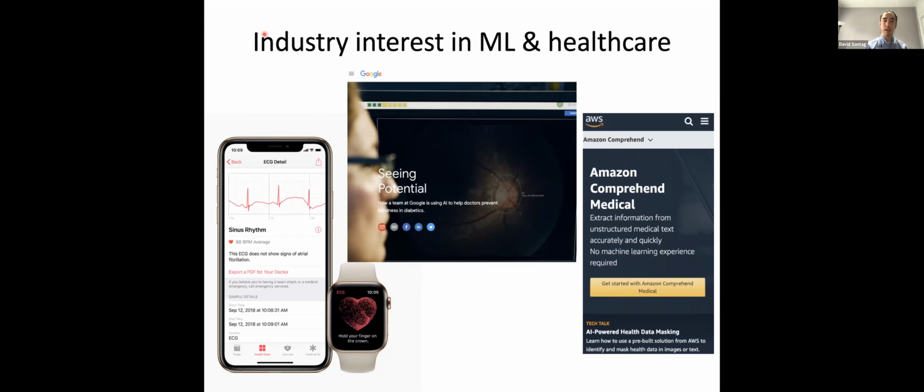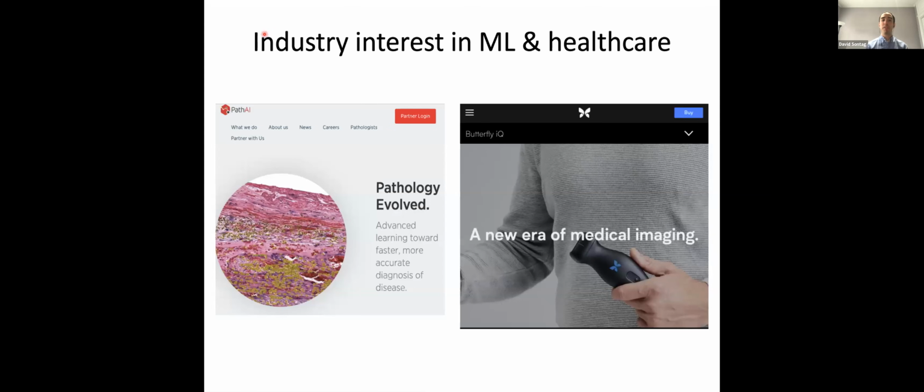There are also a number of startups working in this area. So for example, a couple of my favorite startups are looking at how one can change pathology or medical imaging by developing devices that can be used by less trained physicians. So for example, nurses instead of trained technicians, to do, for example, imaging of the heart.